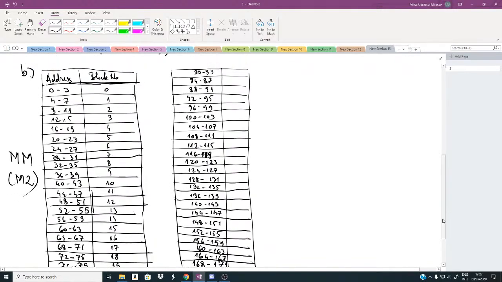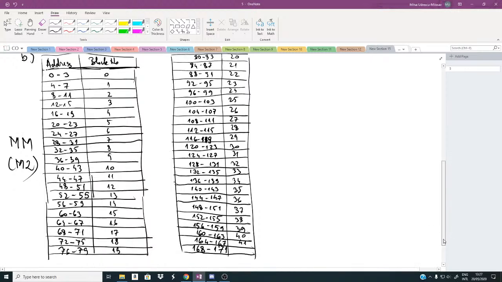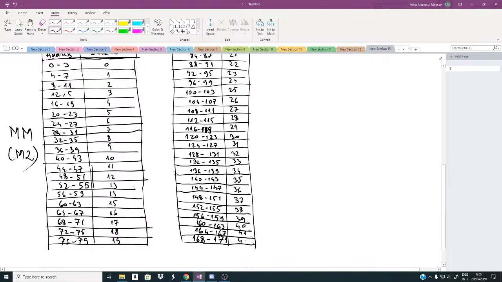Now, these blocks are 20, 21, 22, 23, 24, 25, 26, 27, 28, 29, 30, 31, 32, 33, 34, 35, 36, 37, 38, 39, 40, 41, and 42.